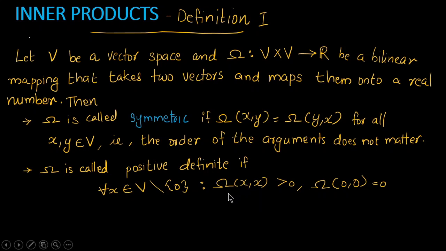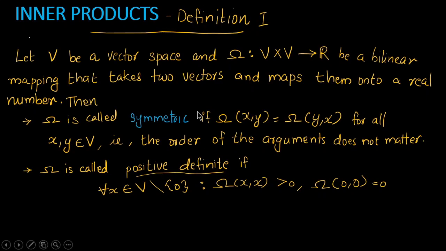That means that when ω(x, x) is equal to 0, then x should be the zero vector. So when we find this mapping from V cross V to R, it should always give a positive value, and it gives 0 only when both vectors are zero vectors. That is the second condition to make a function an inner product: positive definite.